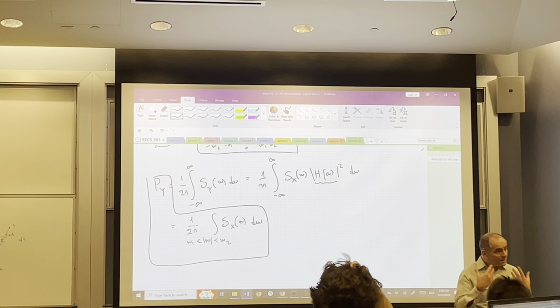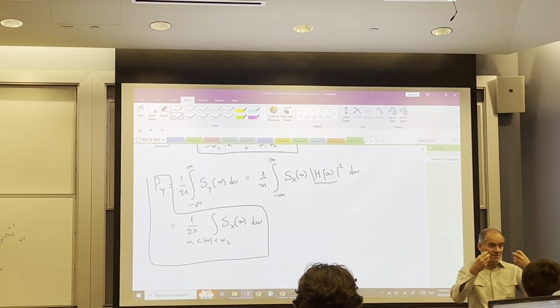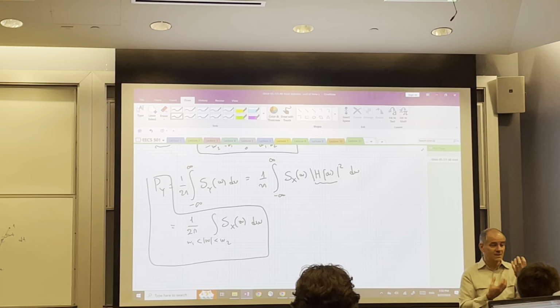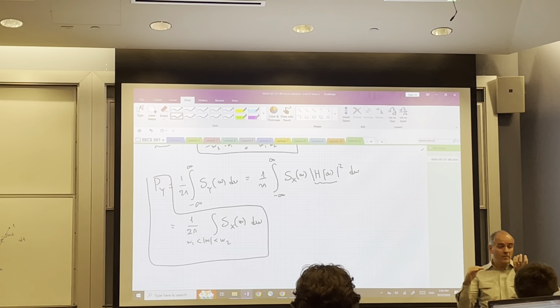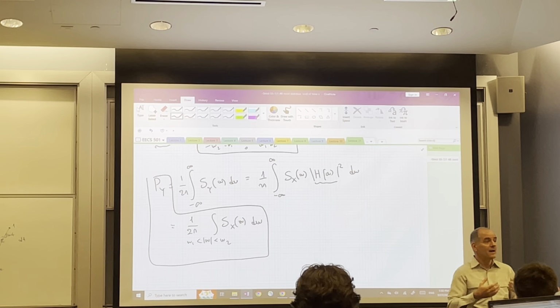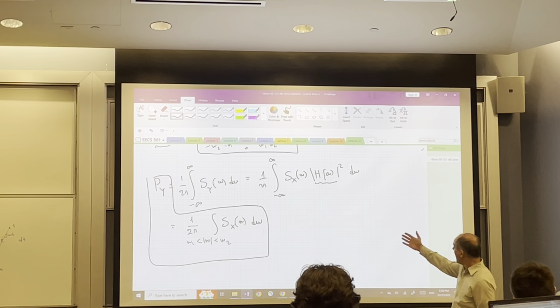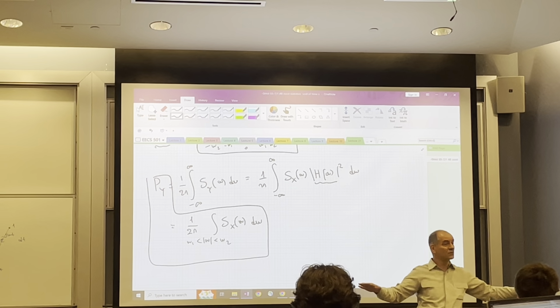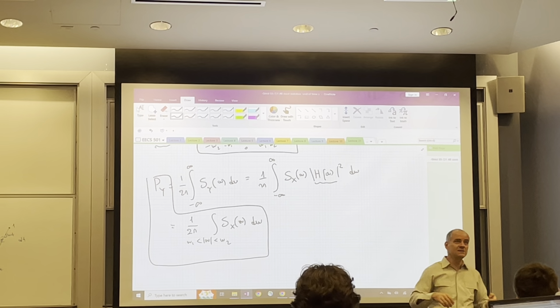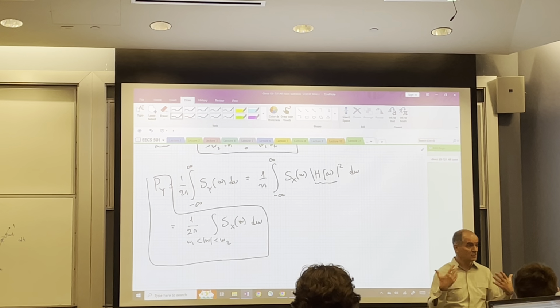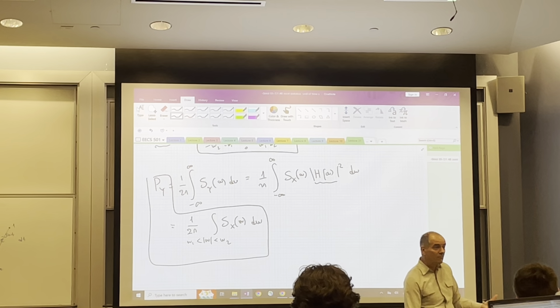We care because we're interested to see the same object, x of t, the same signal, both from the time domain and from this frequency domain. Sometimes when we design filters, it's best if we design them by looking at the spectrum. Because we want to design filters, let's say, that cut some frequency band and amplify some other frequency band. Okay, so it's useful.